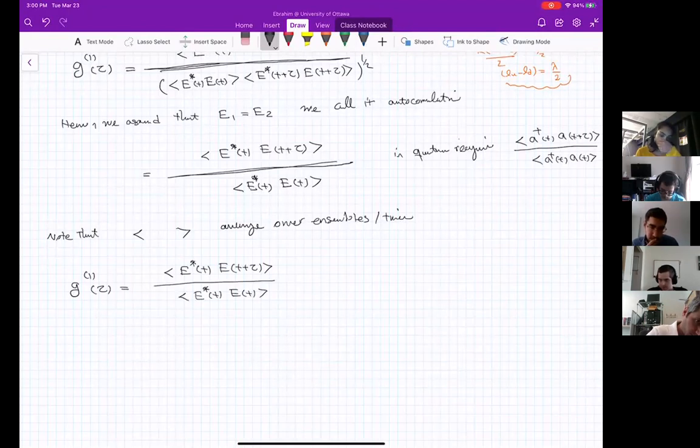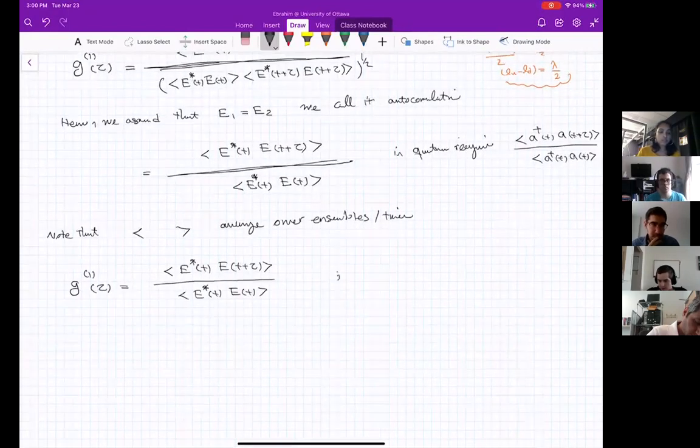What I can do, let's do a little bit of mathematics. Also, I note that people sometimes use G1 of tau, which is a non-normalized G function.